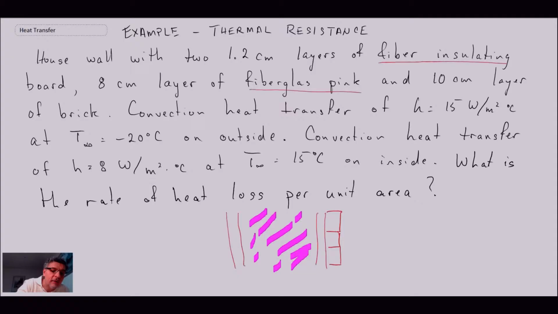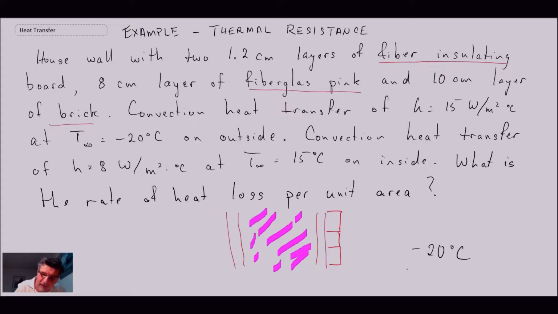And then we're told that we have convective environments on either side. One is at minus 20 degrees C, so that's pretty cold, and I assume that is on the outside of the brick, the outside of the house.